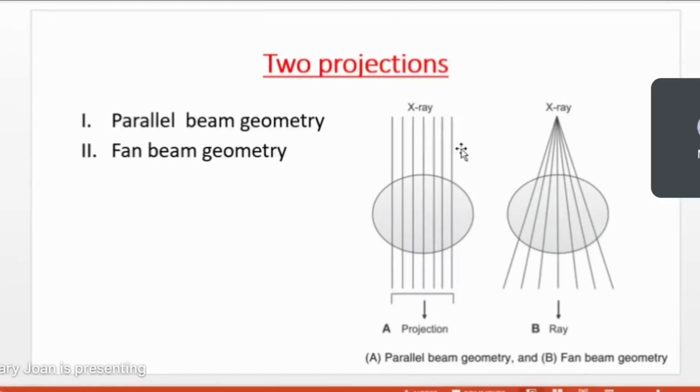Another point we need to understand is how we can get a parallel beam geometry. If you look at this part of the beam, each ray will be more parallel to each other. Otherwise, we have a small focal spot in X-ray machines.